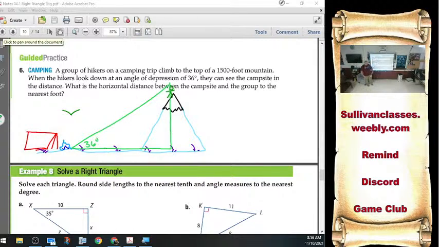What I don't want you to do is put a 36 up here, and that is one of the most common mistakes. Looking down, 36. Now, if you want to be that kid who is adamant that you must put it up here, then it's 90 minus 36, right?